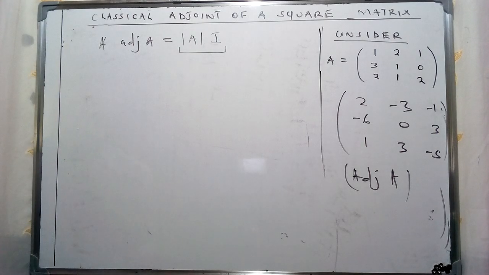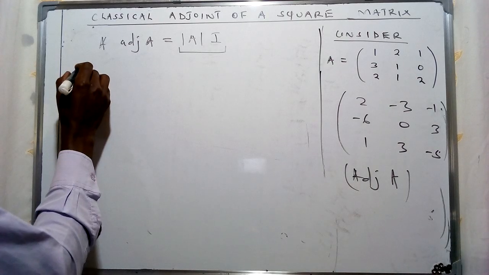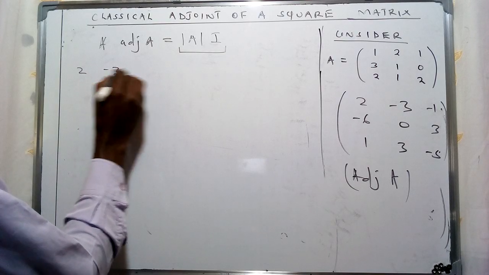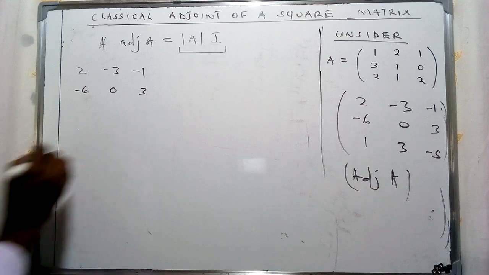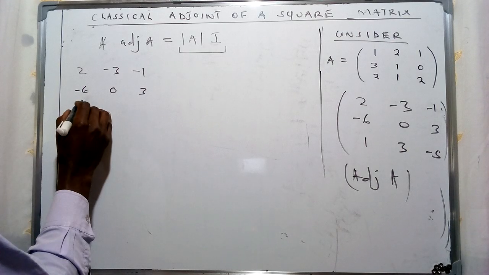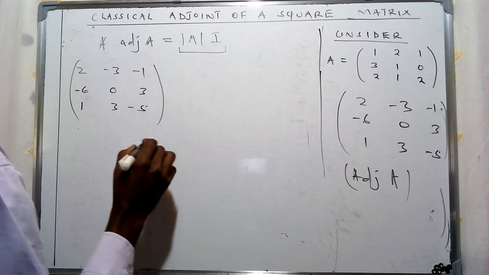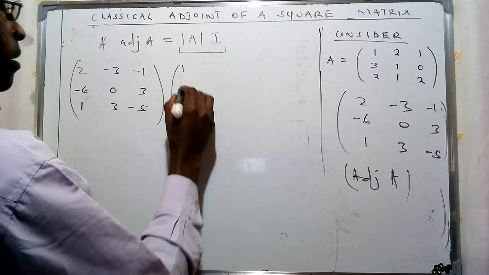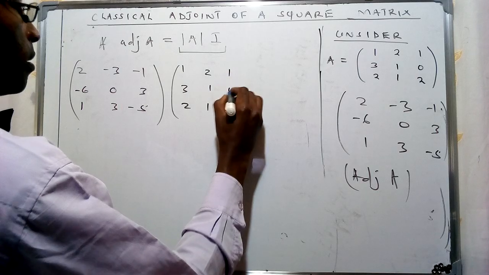So we will have the adjoint of this matrix, which is going to be 2, -3, -1, -6, 0, 3, 1, 3, -5. Let's have this adjoint multiplied by the matrix 1, 3, 2, 2, 1, 1, and 1, 0, 2.